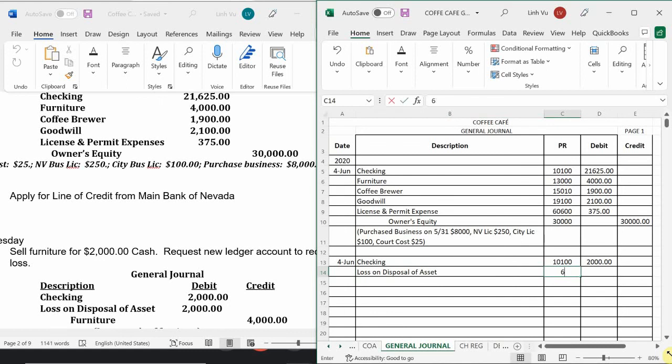Which was account 6,700. And because we got rid of my furniture, that's going to mean, am I increasing or decreasing? I'm decreasing my asset, so therefore I need to credit my account, right?